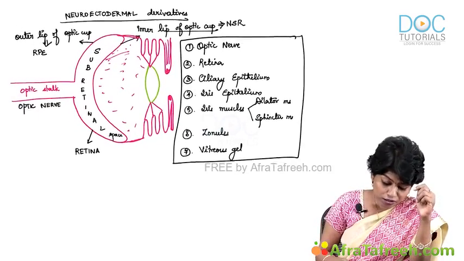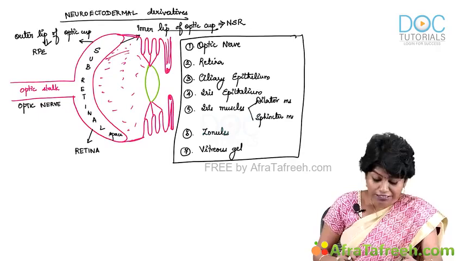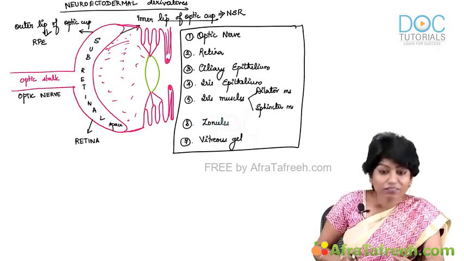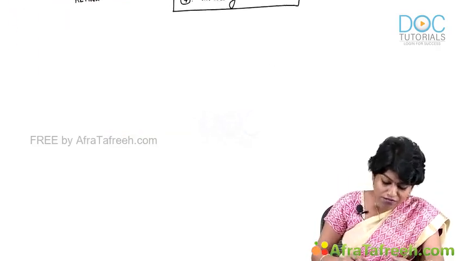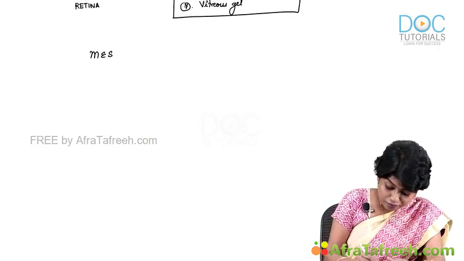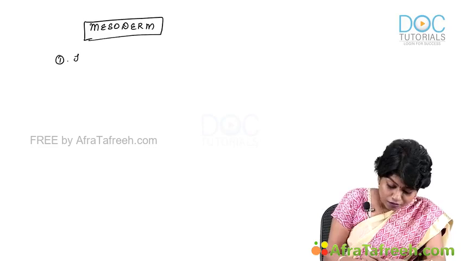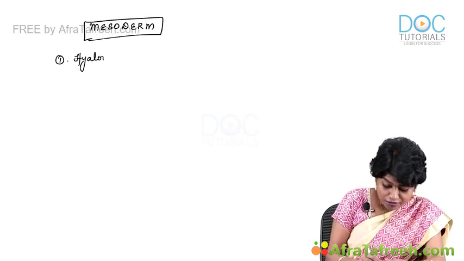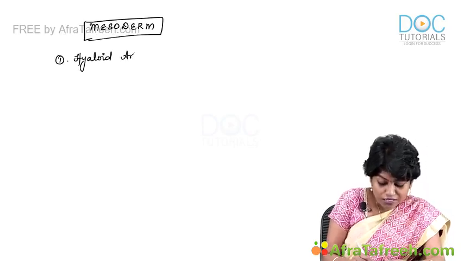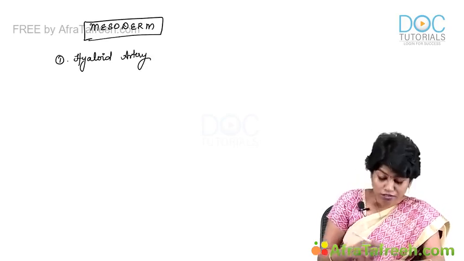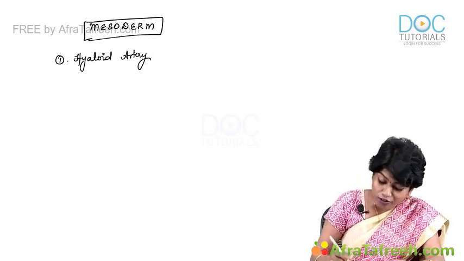So, this is about the neuroectodermal derivatives. Now, what do we have? We learn mesoderm. Mesoderm is very, very simple. Mesoderm: hyaloid artery. You know all vessels come from mesoderm. What is this hyaloid artery?